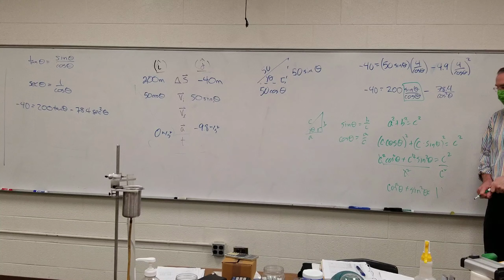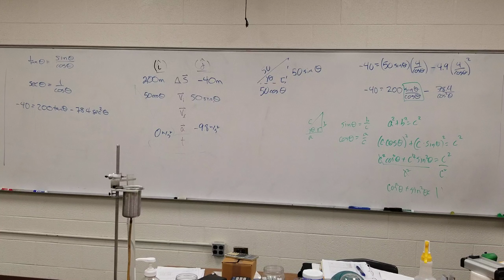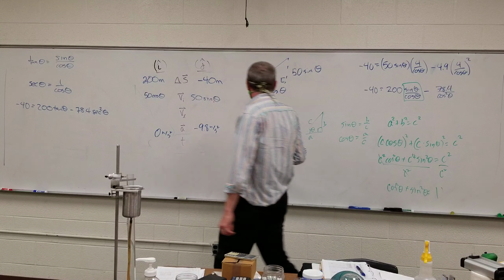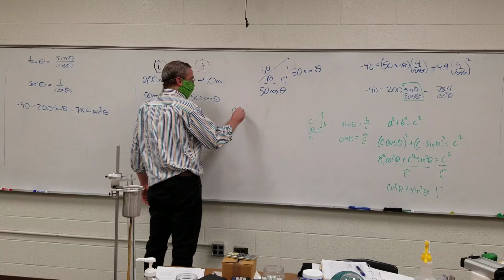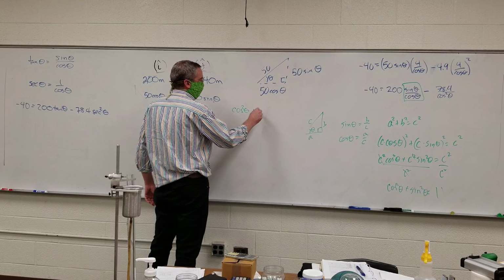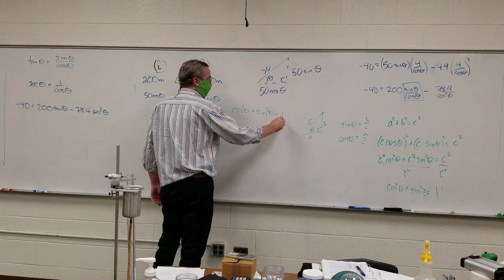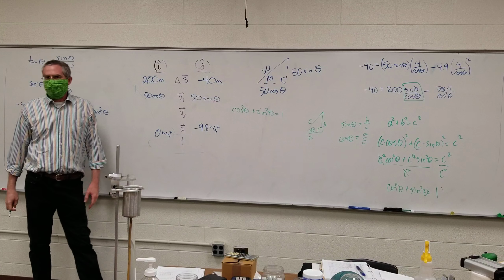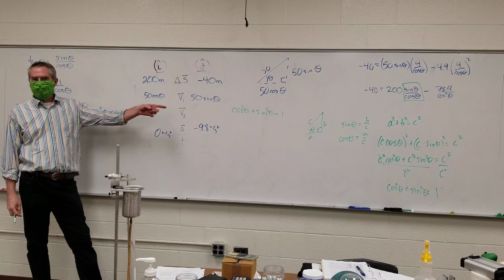Okay, so how does this help us with this? I got tangent over there and secant squared over here, and over here I've just got cosine and sine, so let's create those things. I'm going to divide everything by cosine squared. So I have cosine squared theta plus sine squared theta equals 1. By the way, for those who will be taking trig, this is a good thing to know.